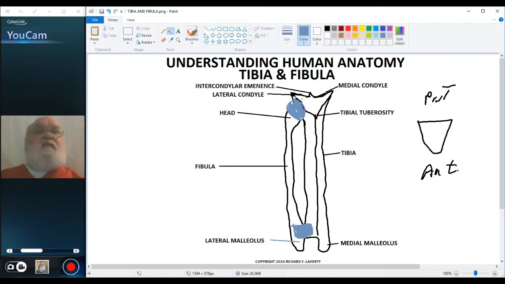And then there will be a membrane, much like we saw in the upper extremity, an interosseous membrane running in the middle between these two synovial joints, proximal and distal joints.